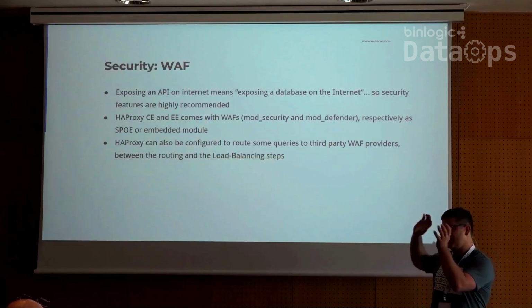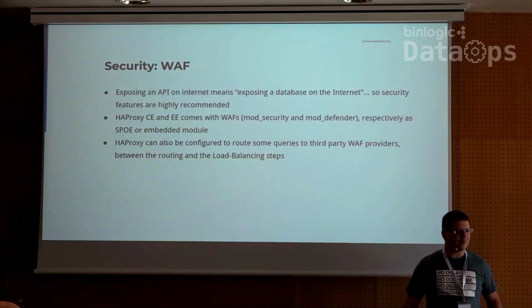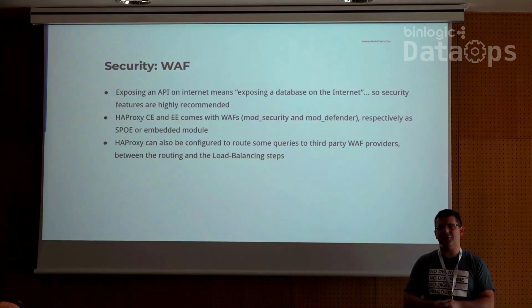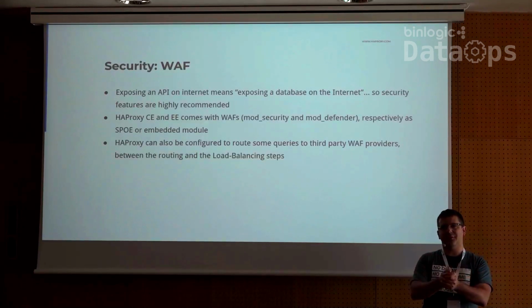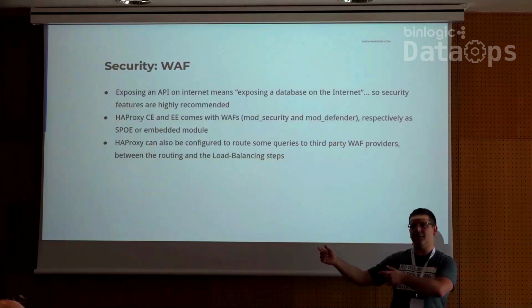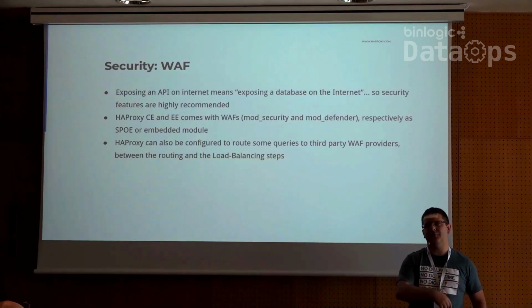If you don't want to use any of these modules and you already have Imperva or F5 as a web application firewall, then HAProxy can still stand in front of your application, know that this traffic is coming from internet, forward it to your web application firewall, and then your web application firewall will just forward the traffic back to HAProxy, and then HAProxy can do the load balancing.